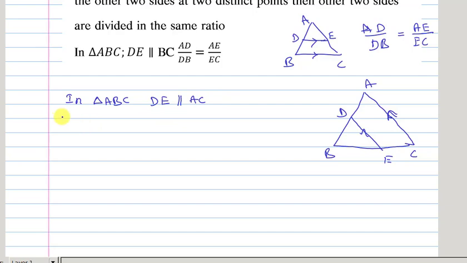So from the basic proportionality theorem, we can write that DE divides the two sides of the triangle in the same ratio, that is BD by DA is equal to BE by EC.